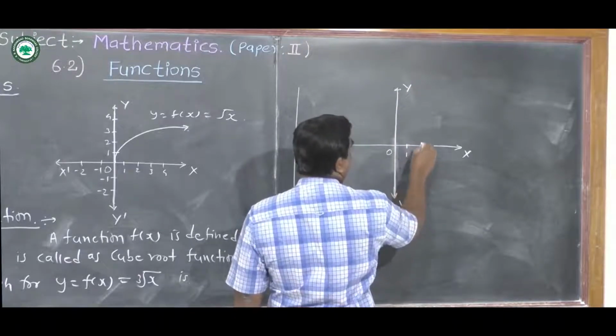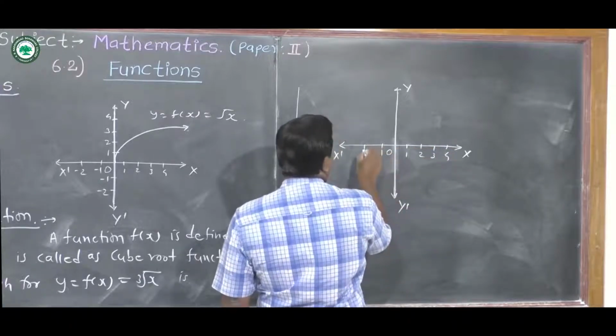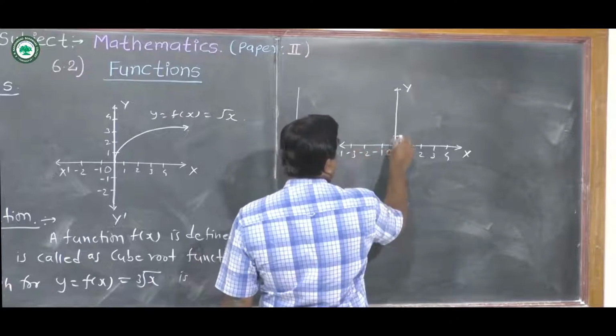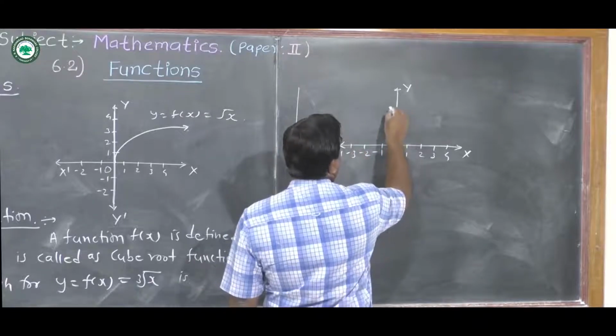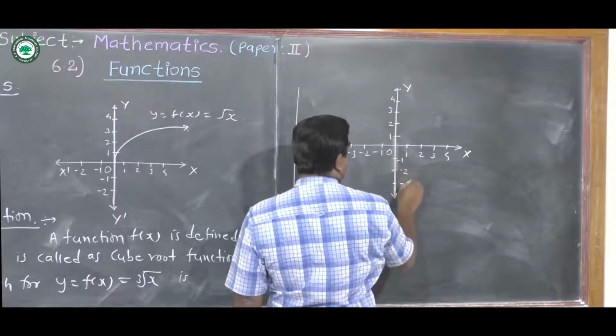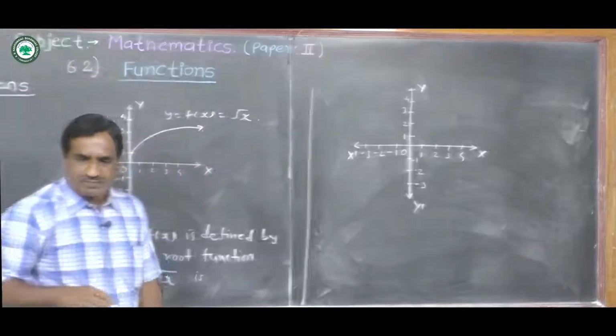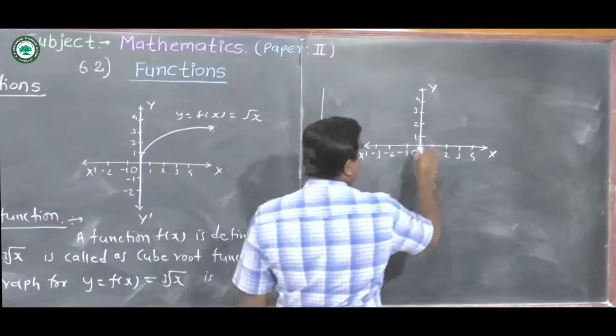Scale on x-axis 1, 2, 3, 4, on negative x-axis minus 1, minus 2, minus 3, 1, 2, 3, 4, here also minus 1, minus 2, minus 3, and we can draw a graph for this function like this.